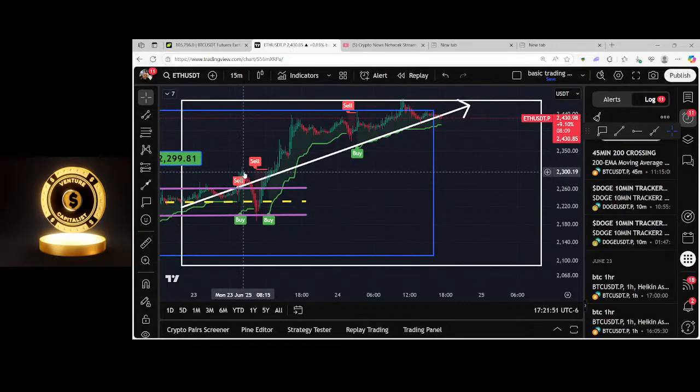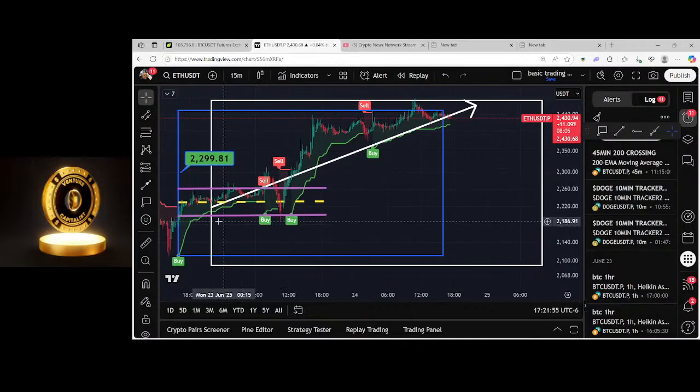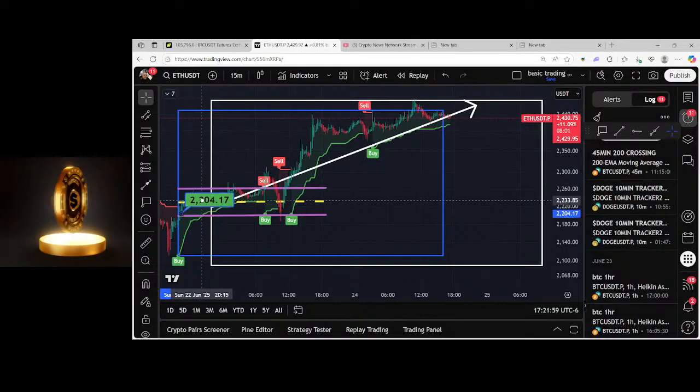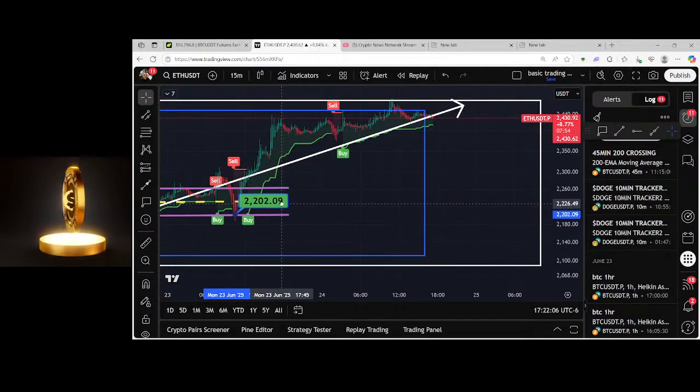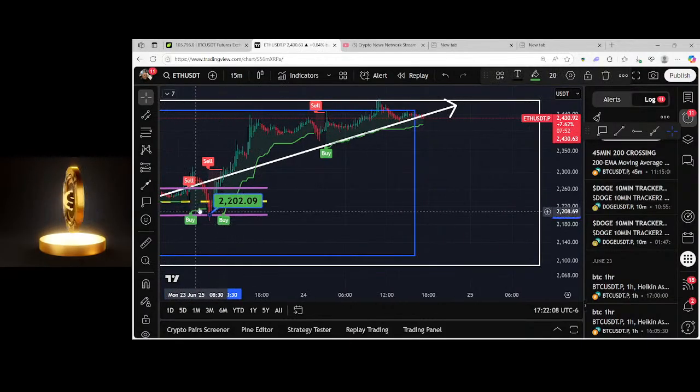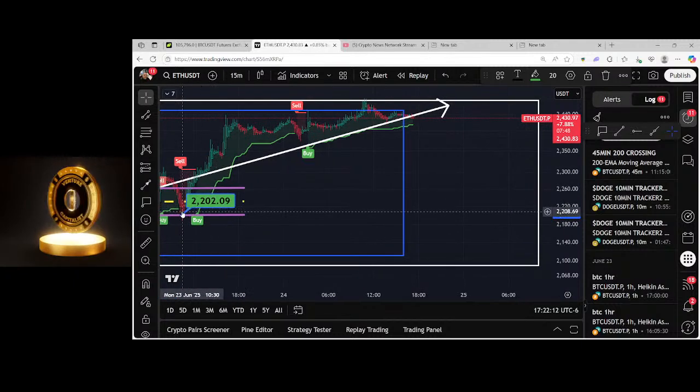We push through the top, and then the pullback is the bottom of the channel, which is the original where we started with the buy signal at about 2200, right? So if you would have set your limit order at 2200, it would have come back and connected again on that level.